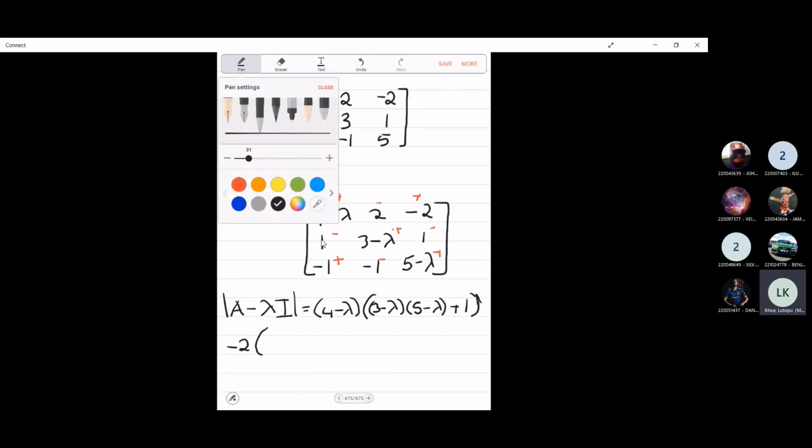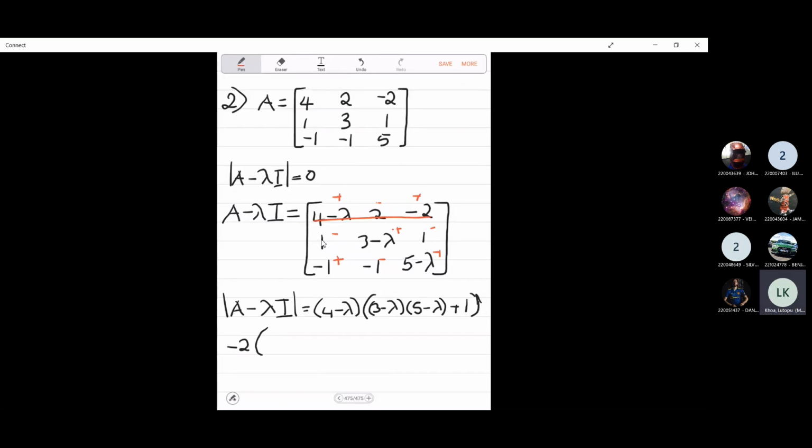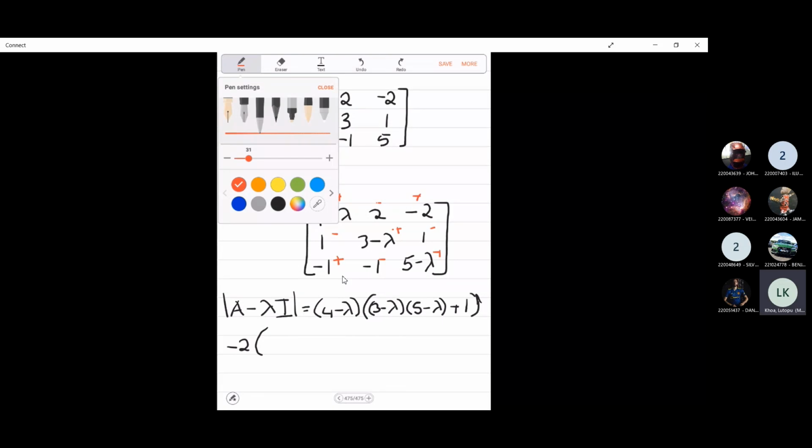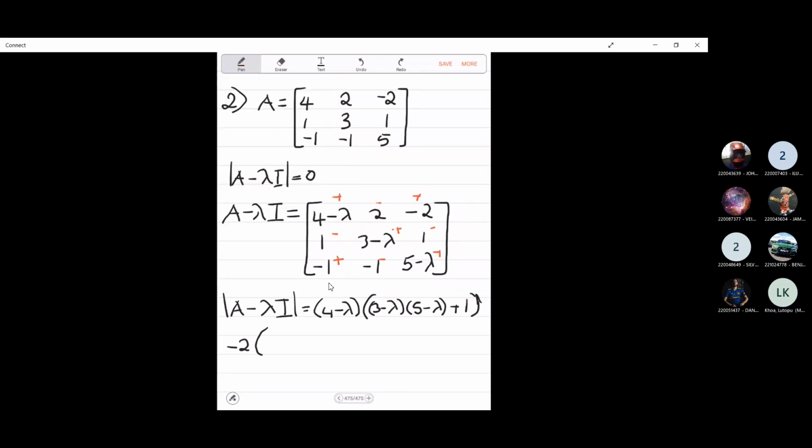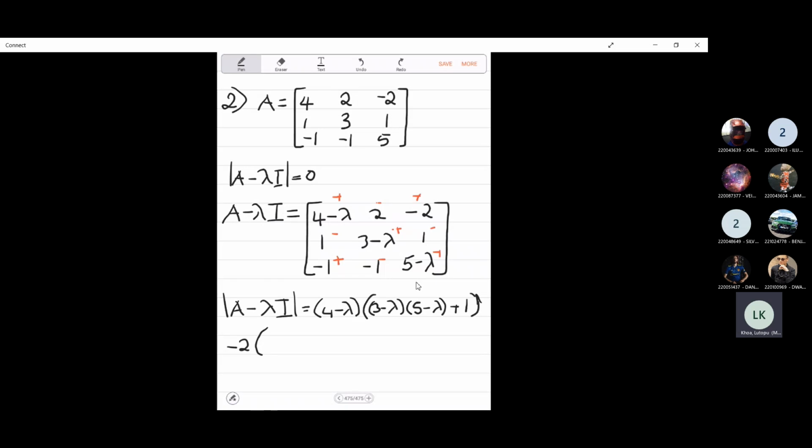So it's like we remove like that, then diagonal minus that diagonal. This gives us 1 times 5 minus lambda, which is just 5 minus lambda, and then minus -1 times 1. So it's minus -1, which is +1. And then the last term here, it's a positive -2, which is just -2.